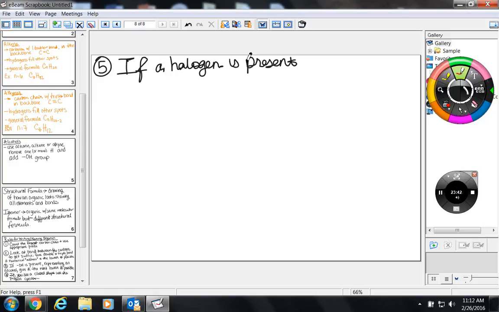If a halogen is present, it removes a hydrogen and is given a numerical location.